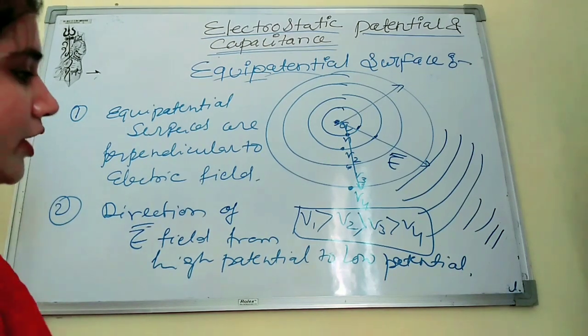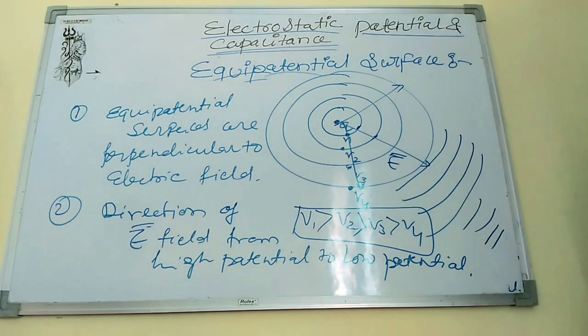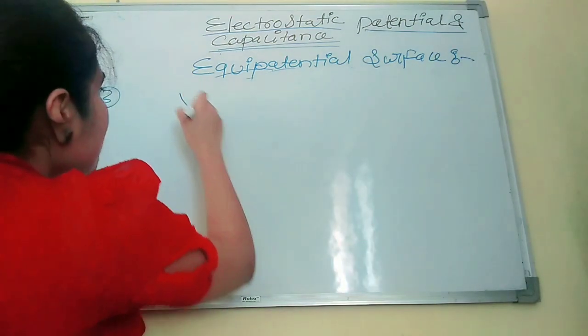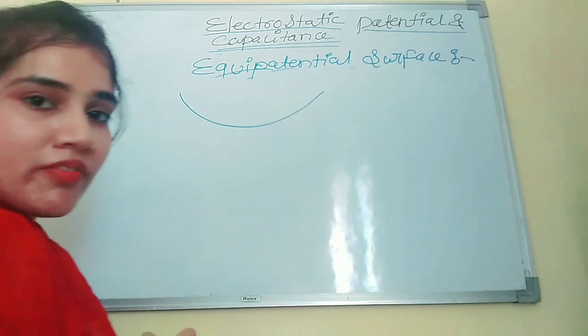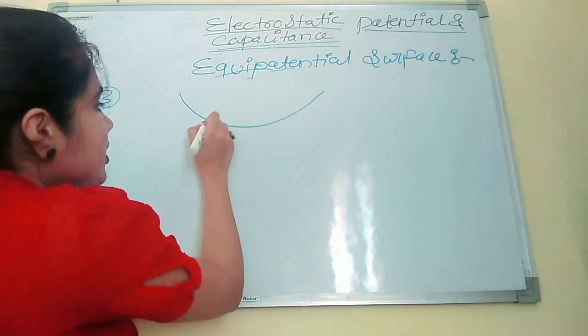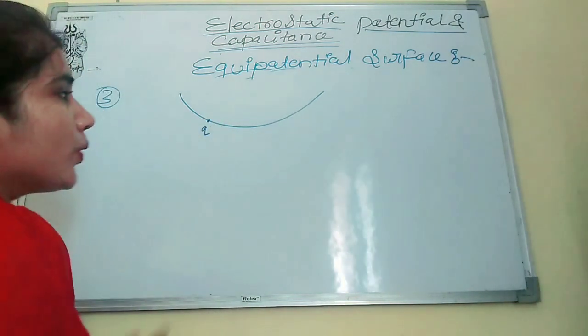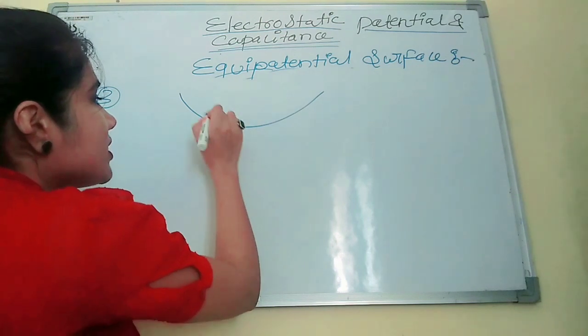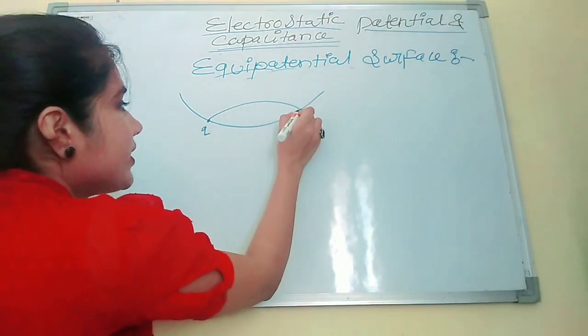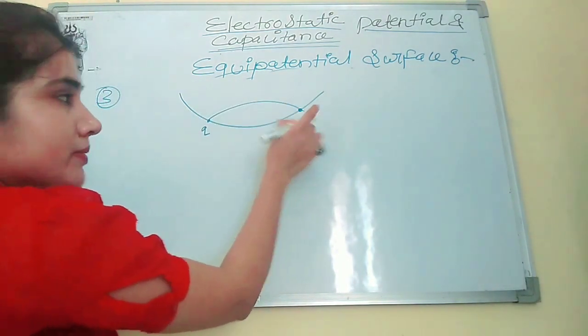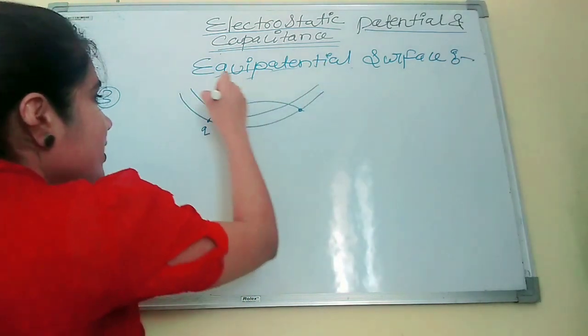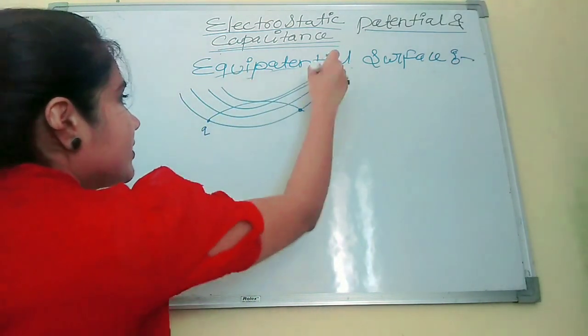Now there is a third point. Just take a screenshot or note it down. Suppose this is the equipotential surface. Any charge Q is placed here. To bring this charge from this point to this point, we are taking this path, and other equipotential surfaces are distributed like this.